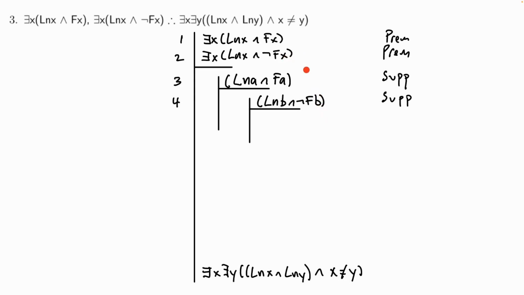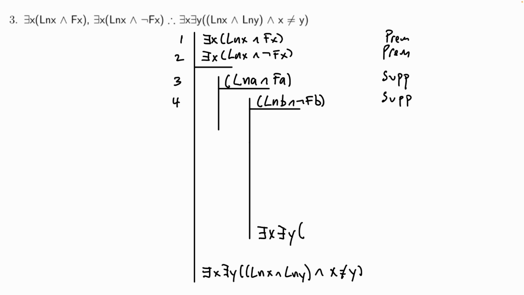They can't have been mentioned at all prior to that point. So that's why we have to pick B to instantiate the second existential, given that we picked A to instantiate the first one.